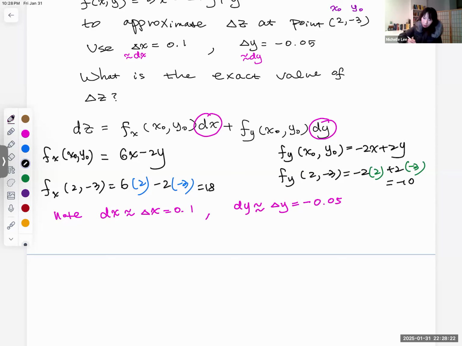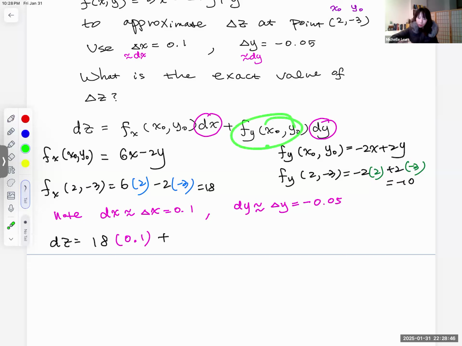So dz equal to the partial derivative with respect to x at x naught, y naught equal to 2 and negative 3, which is positive 18, times dx, which is 0.1, right? Plus the partial derivative with respect to y at 2 and negative 3, which is negative 10, times dy, which is negative 0.05, right?